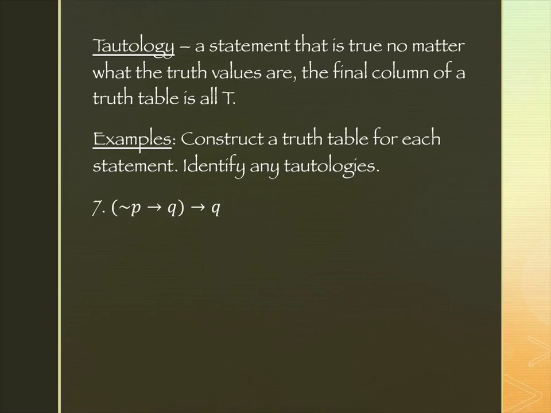In essence, what it really means is that when I create a big old giant truth table, whether it's 4 rows or 8 rows or, heaven forbid, 16 rows, the last column would all say true. We haven't seen one of these yet. But if I did a truth table and the last column was all T's, that would be a tautology. Okay, it's true in every circumstance.